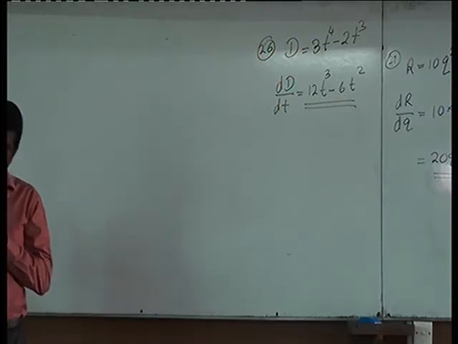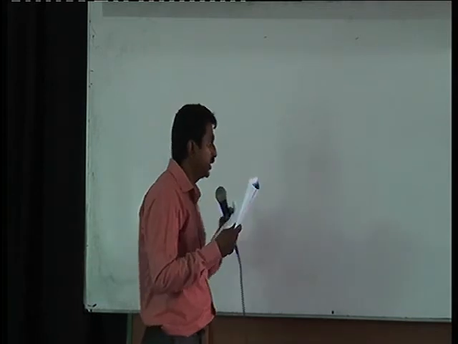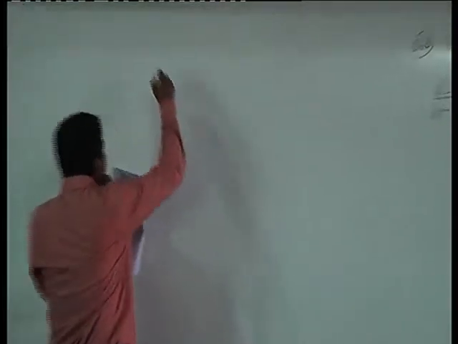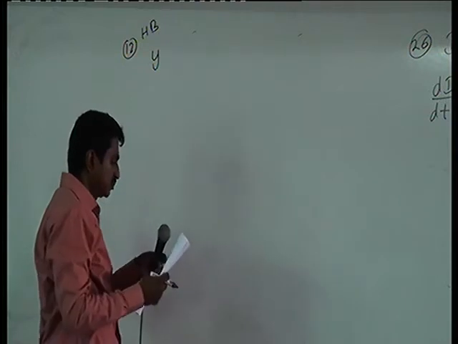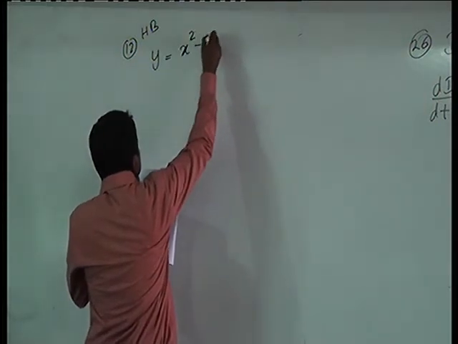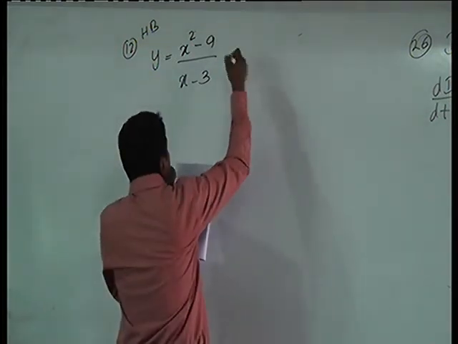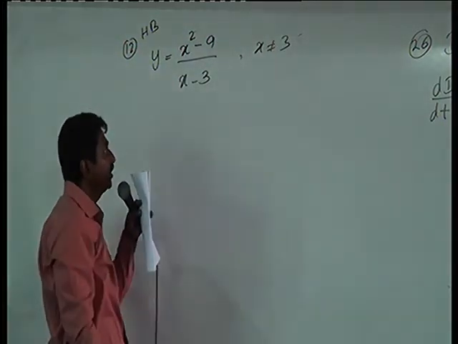Question number 12 of your handout. That's a bit difficult, so I will tackle it here now. y is equal to x squared minus 9 divided by x minus 3, where x does not equal 3.